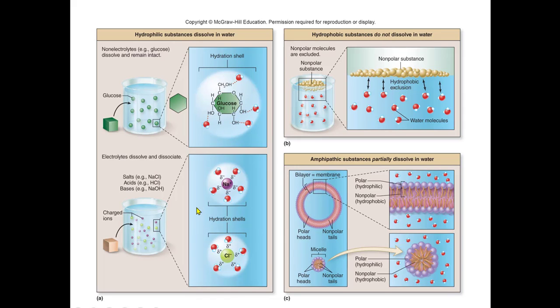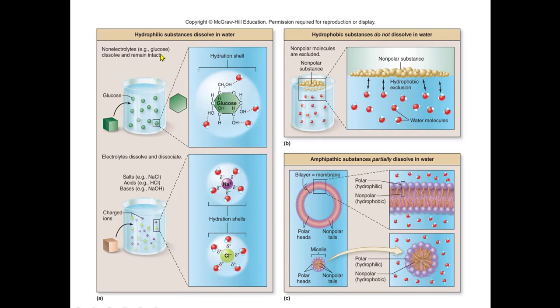That's not true for ionic things down here. When it's ionic and it goes in, it actually splits apart. It's no longer table salt. It's sodium by itself and chloride by itself. That is a very big deal.